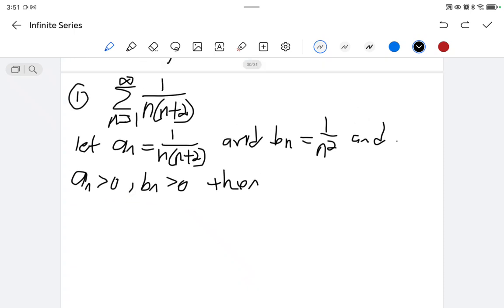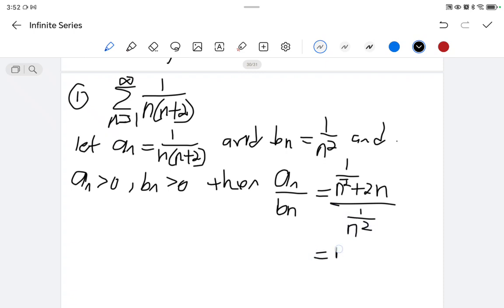Let's start by checking a of n over b of n, then we'll check the limit. We know that a of n is 1 over n squared plus 2n, over 1 over n squared, and this would be n squared over n squared plus 2n.